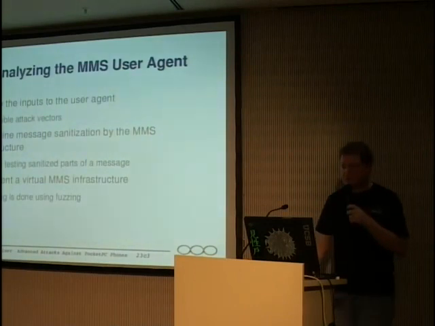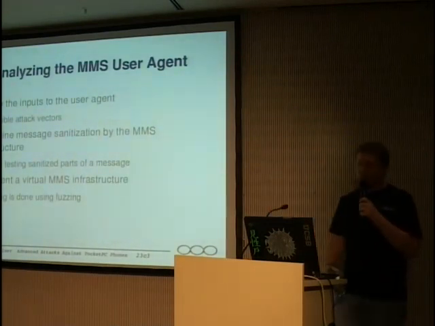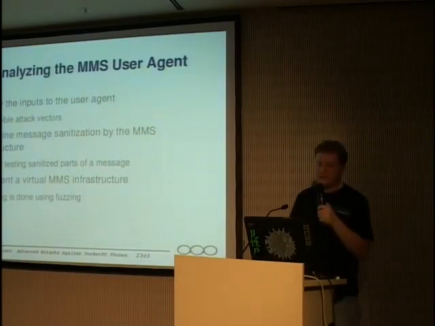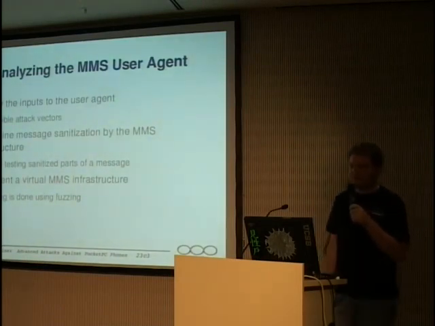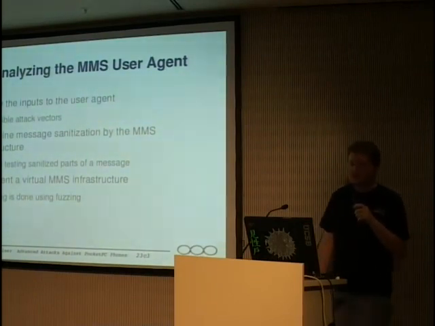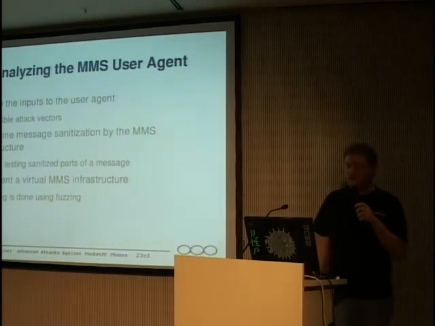So if we want to attack the user agent, we first need to see what kind of inputs the user agent has, because inputs equal possible attack vectors. And since we have some infrastructure in the backend which handles each message, we really have to look at the infrastructure, because it could do sanitization.